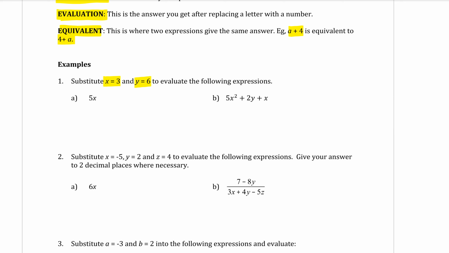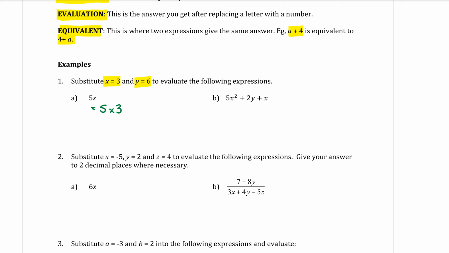But hold the horses, okay? 5 and x are next to each other. What does it mean when two things are next to each other in algebra? Yes, Cash? Times, perfect. So we're going to put in a 5 and we're going to put in a 3 for the x, but we know they have to be times because they were next to each other.